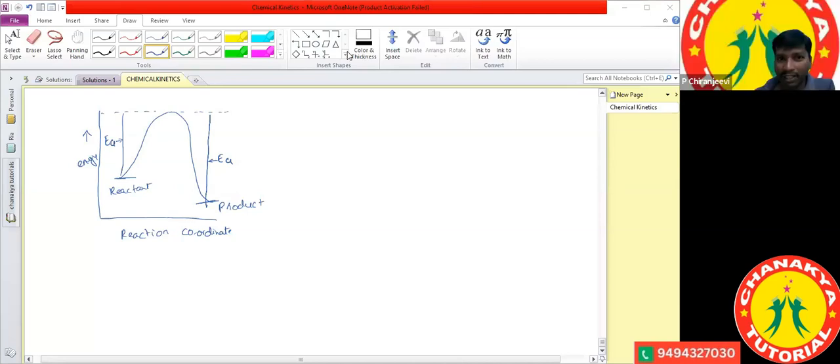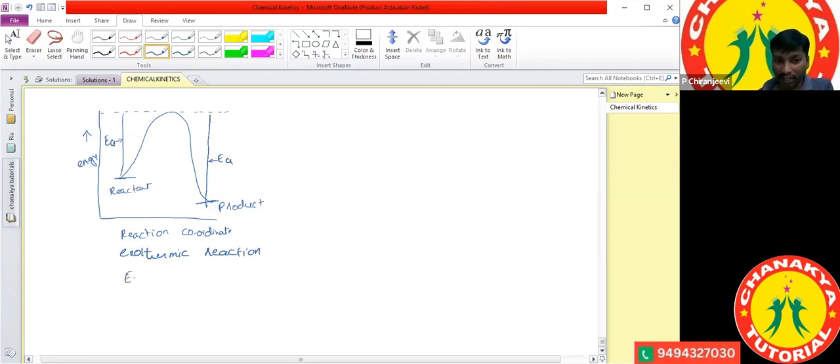Now in this condition, when the activation energy of the products is greater than that of the reactants, then the given reaction is an exothermic reaction. So now you have clarity. We can say whether a reaction is exothermic or endothermic based on the activation energy of the reactants and products.